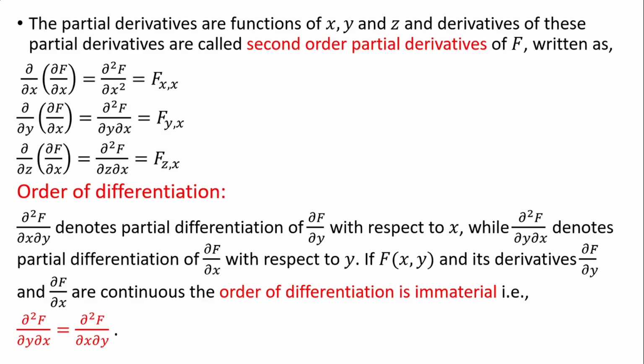So order is immaterial, not important. The order of differentiation for a given function can be changed, since the partial derivatives are continuous and the function is also continuous. So this is about order of differentiation.